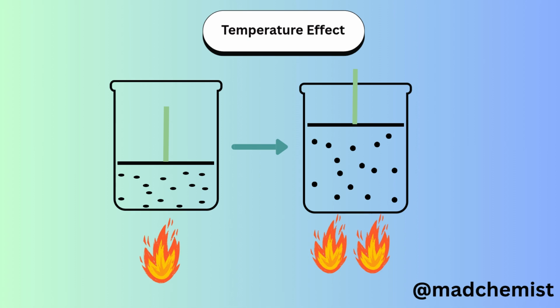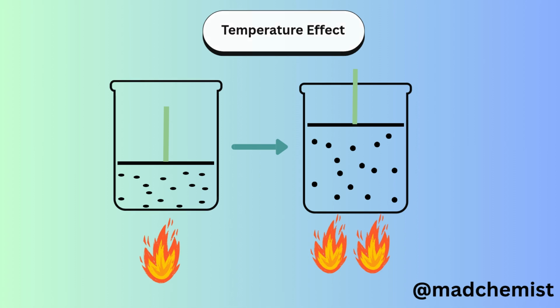As we increase the temperature, the particles get more energy and hence move more violently. Thus, they collide with each other and also with the walls of the beaker. Hence the particles move far apart from each other, which causes an increase in the volume of gas. So this means that with the increase of temperature, the volume of gas increases.